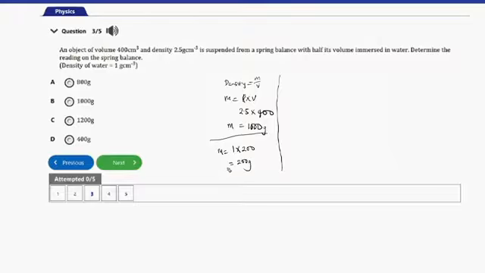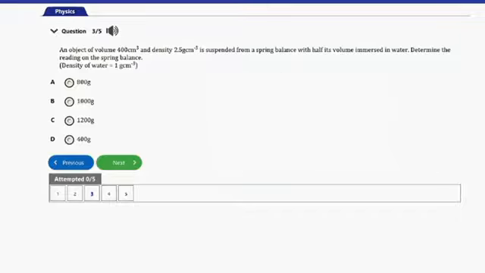So guys, if we do 1000 grams minus 200 grams, we are going to have 800 grams, and that's option A here. So the mass of this object, as shown in the spring, will be 800 grams, and that's it for this question. Option A is the answer.